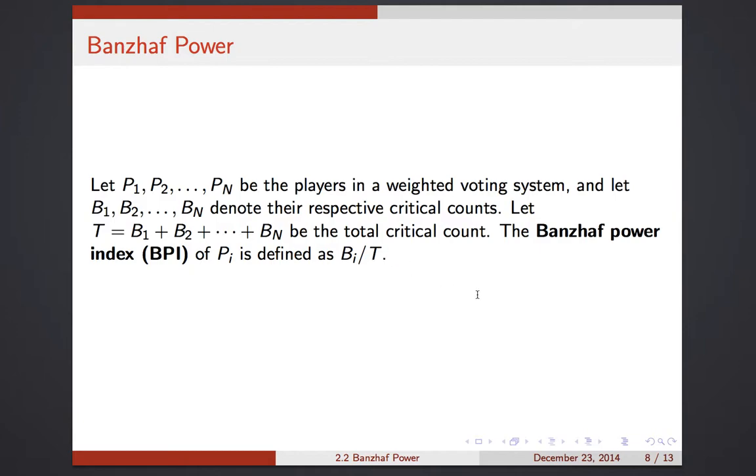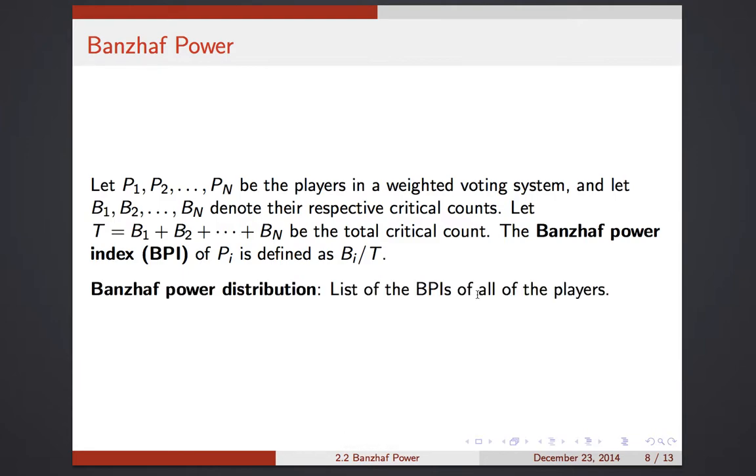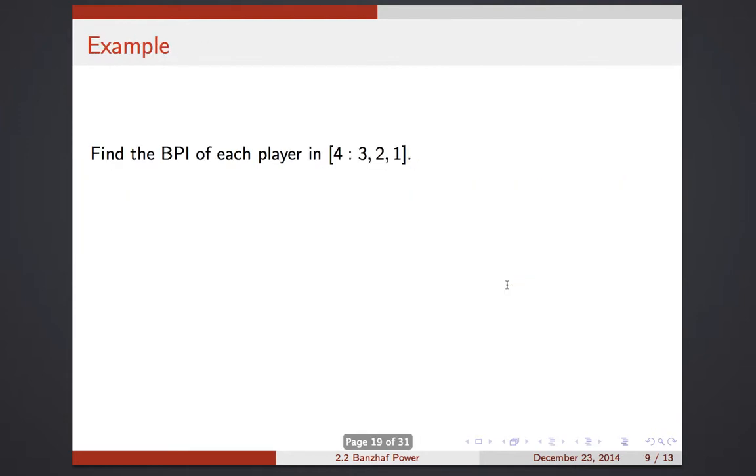We can now, given a weighted voting system, give the power of each player. Before we move on, this is just fancy terminology: the Banzhaf power distribution is just a list of the powers of all of the players. So when somebody gives you a weighted voting system and asks for the Banzhaf power distribution, they are just asking you to find the powers of all of the players and list them.